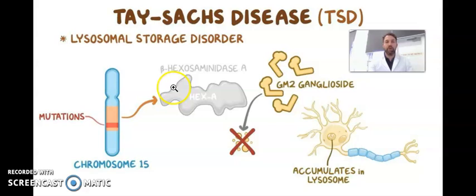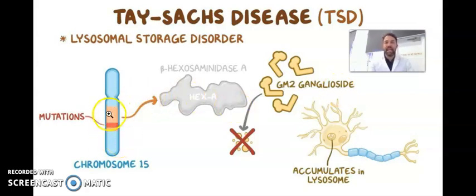It codes for a protein called beta hexosaminidase A. Now this gene is often called the HEXA gene, and its role is to code for this protein. This protein is an enzyme, and that enzyme's role is to break down GM2 ganglioside.